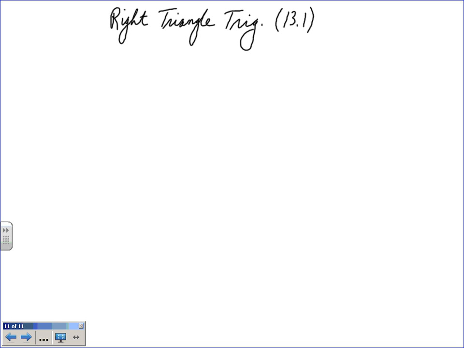Some stuff you know. Some should be a review from geometry. And there are 6 trigonometric, 6 trig functions.